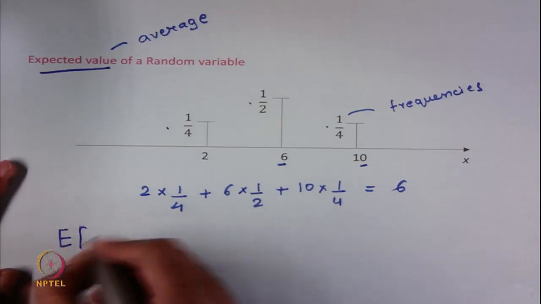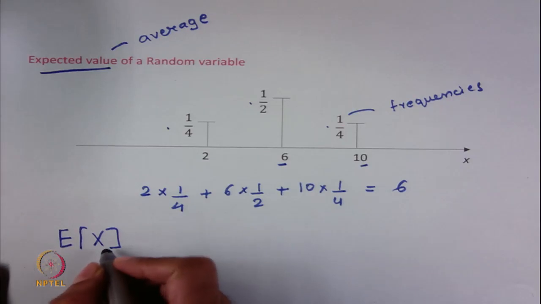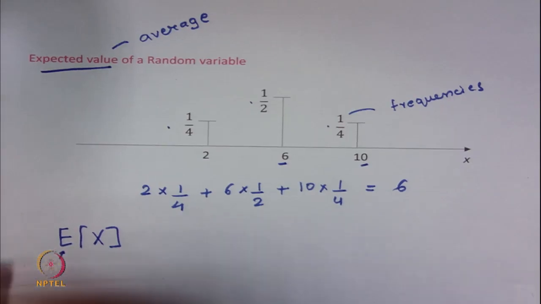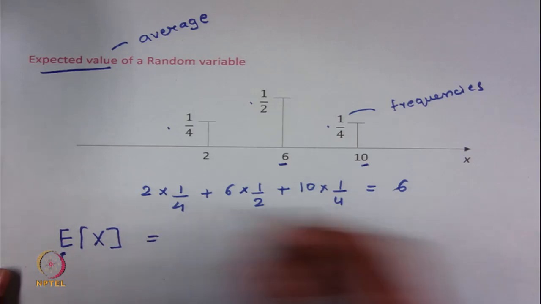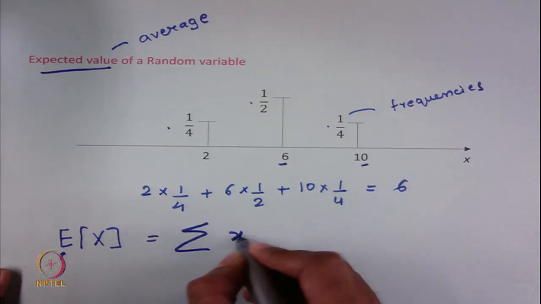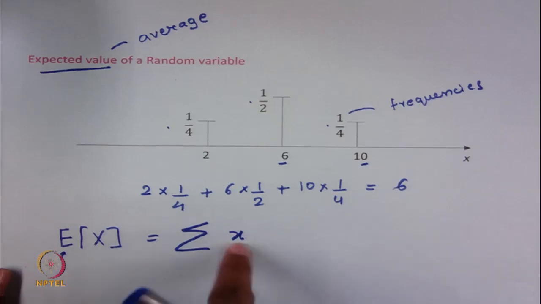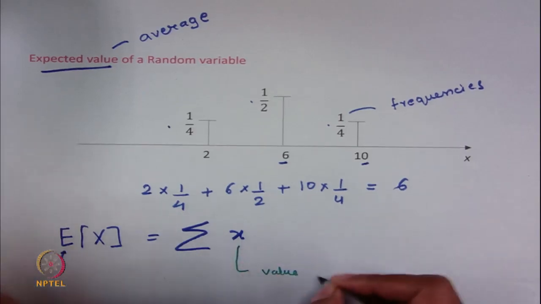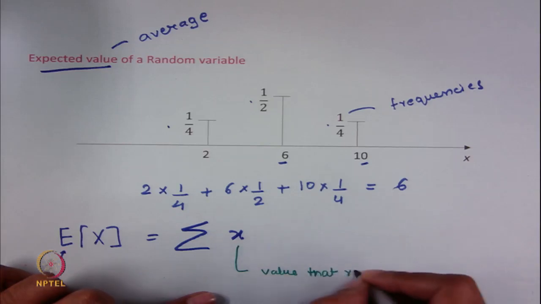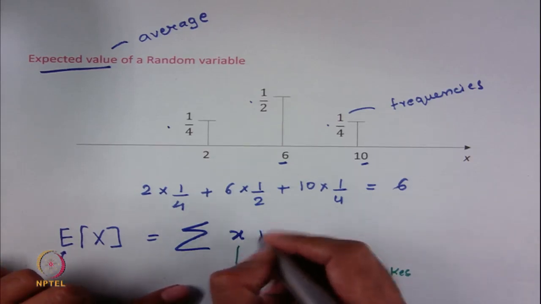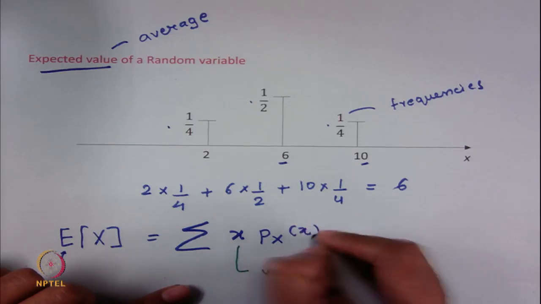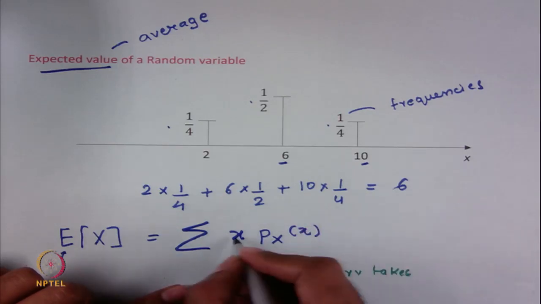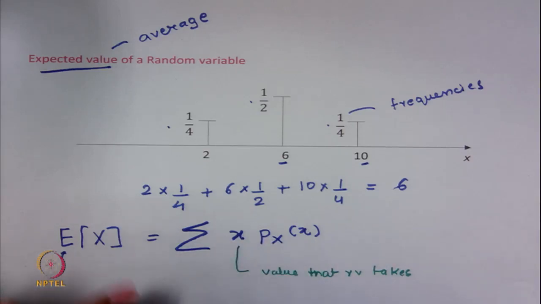Formally or mathematically, I can define expected value of x. So, this is used to denote expected value of x as, so what we did is just we have taken a value that the random variable takes, small x, and then you multiply this with the probability of the occurrence of this value, and then you have to sum it up for all possible x.